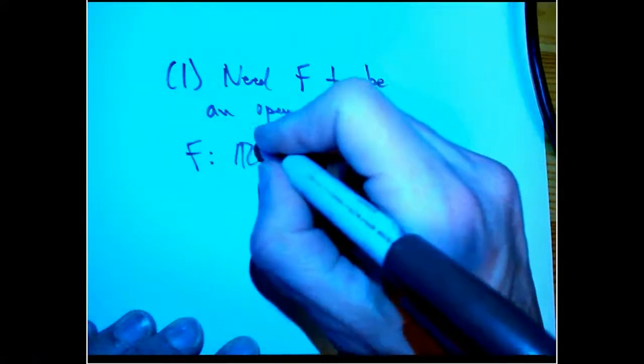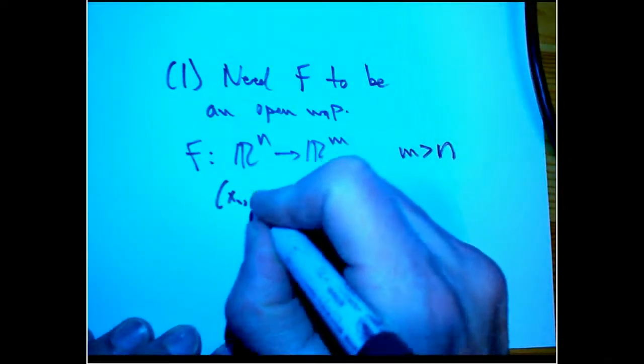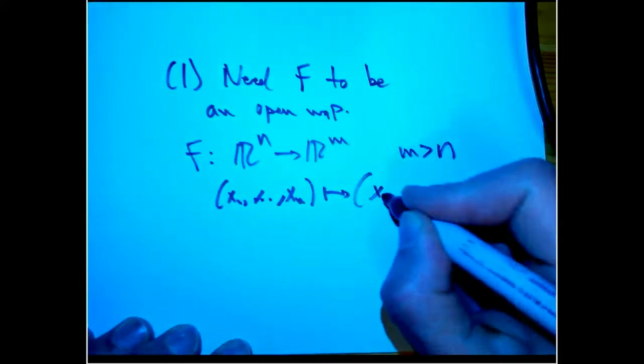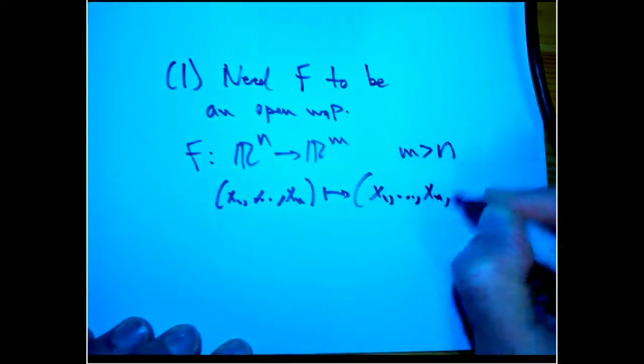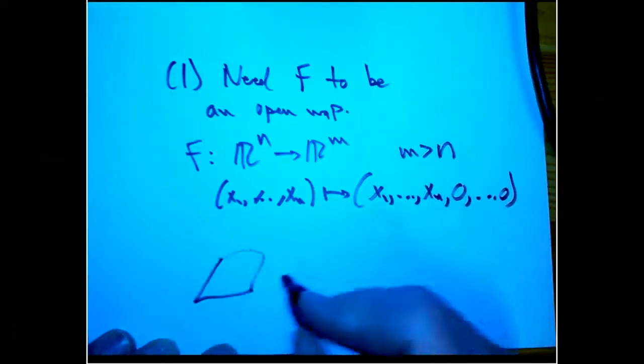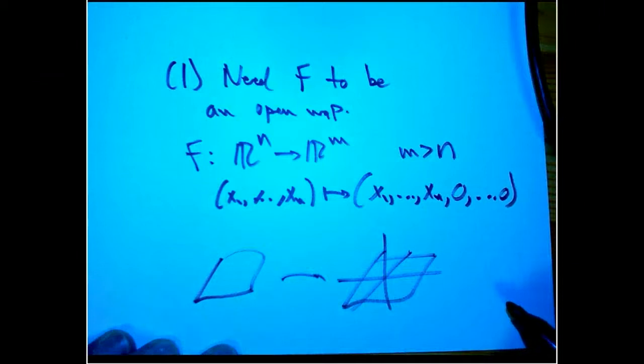For example, so far we could have been analyzing f from, let's say, Rn to Rm, where m is bigger than n, and maybe it's x1 through xn just gets included as the first n coordinates. So like a plane gets mapped in as the xy plane in three-dimensional space.